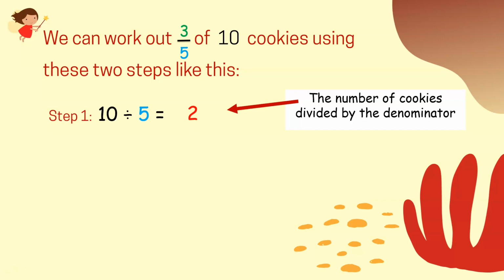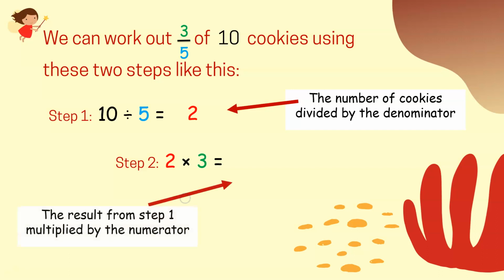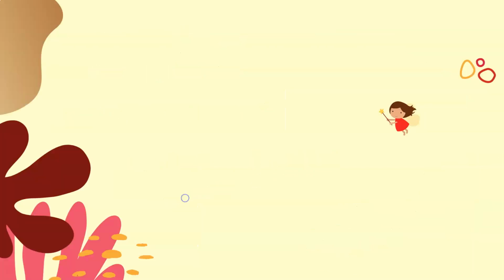We're going to use this result to find out the answer. So step 2, 2 multiplied by 3. That's the result from our first step multiplied by the numerator. 2 multiplied by 3 is 6 cookies.